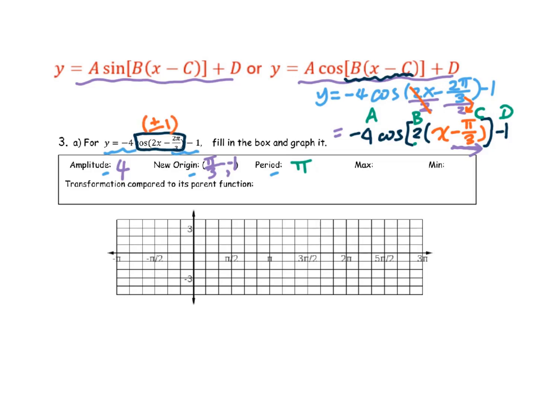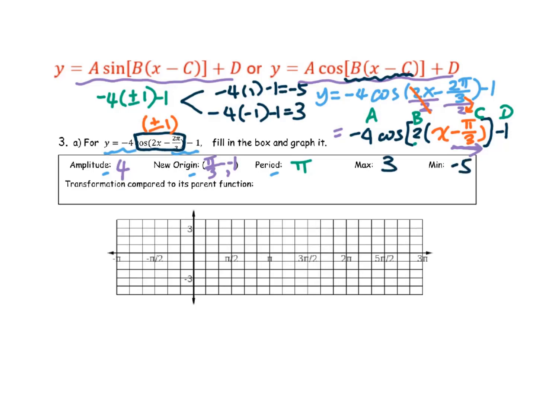Then you will get -4 times plus or minus 1 minus 1, which means two things. -4 times 1 minus 1, that's -5. -4 times -1 minus 1, you will get 3. Maximum is 3, minimum is -5.